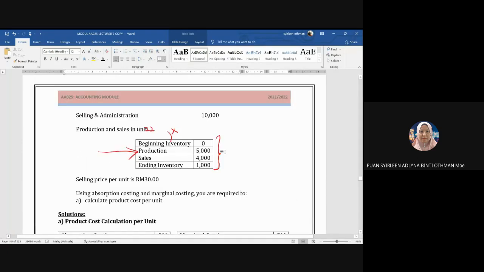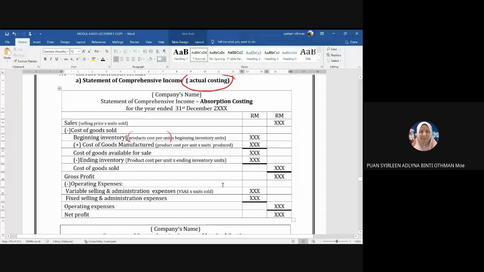Okay, so dekat sini nanti, madam akan ambil 22 darab kosong. So nilai dia kosong. Dia tak hilang ya. Item tu still there. It's a fixed format. You jangan pergi buang pula. Beginning inventory, ending inventory is a must in your COGS. Mesti wajib ada walaupun figure dia kosong. So dia bukannya tak ada. Dia cuma habis, kosong, zero. Okay. So beginning inventory is kosong.